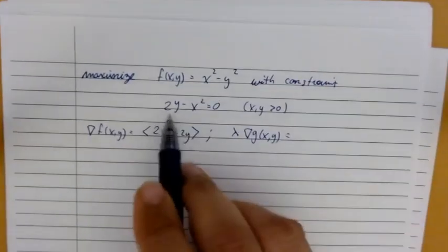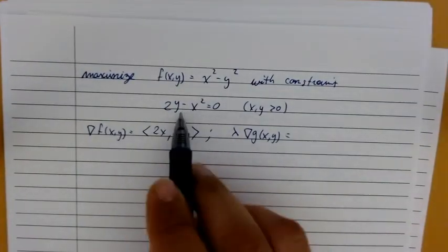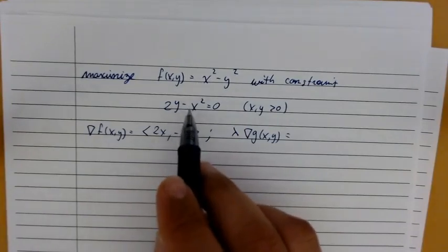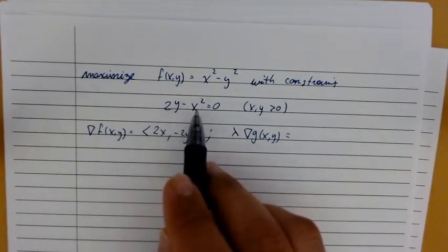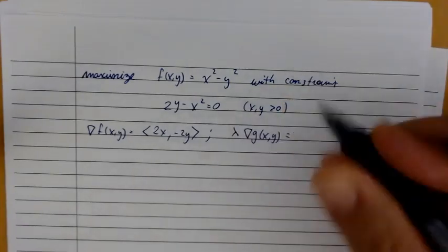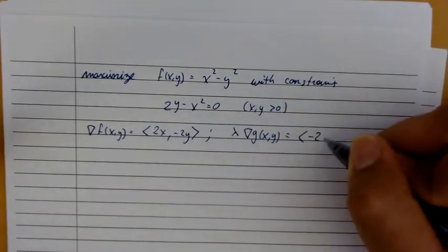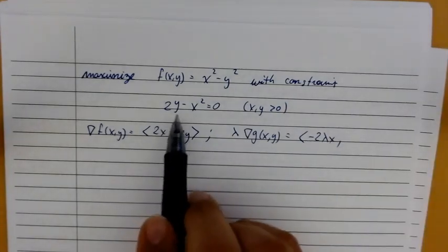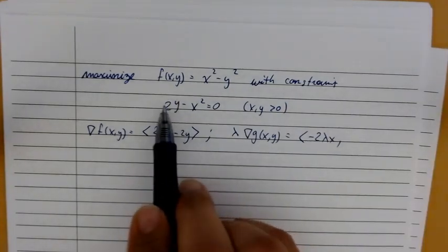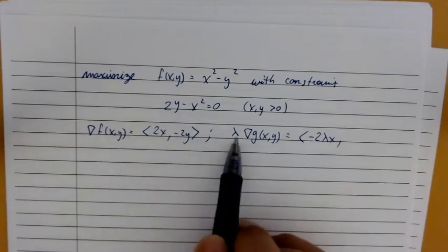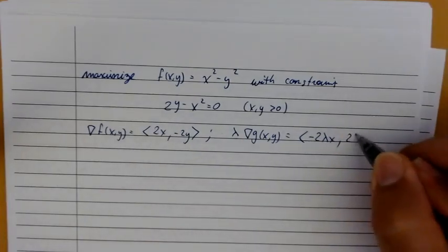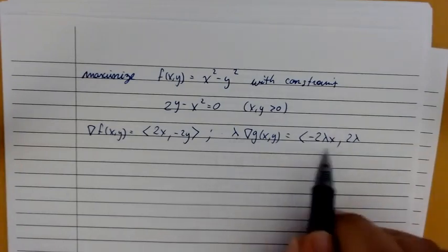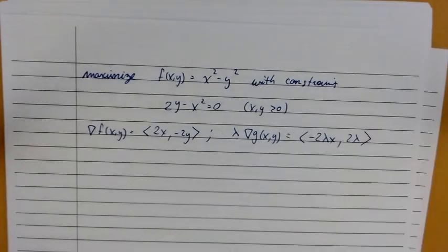Well, g is equal to a constant. The derivative with respect to x is negative 2x, but that's times lambda, so that'll be negative 2 lambda x, comma. The partial with respect to y is just the number 2, but then you have another lambda there, so it's going to be 2 lambda. The gradient is negative 2x comma 2, but everything's being multiplied by a lambda.